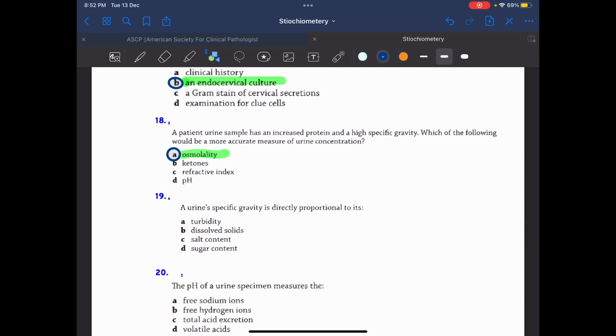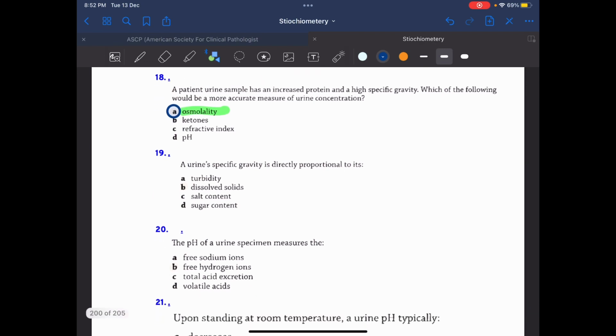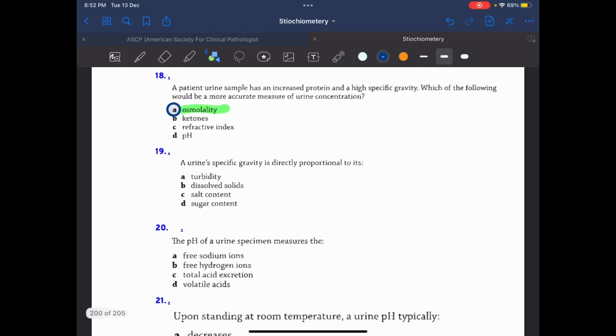So the correct answer is A. Osmolality and refractive index both are used to determine concentration, but because of the high protein, refractive index is inappropriate. Osmolality is the best.